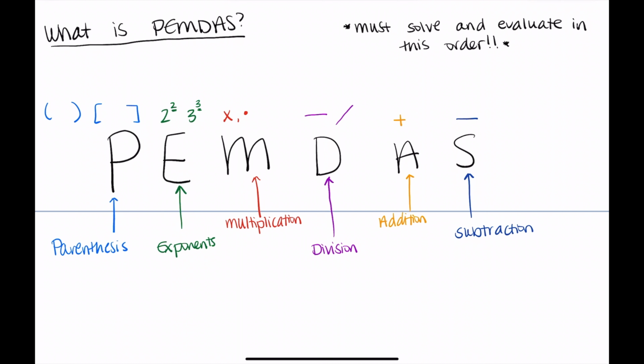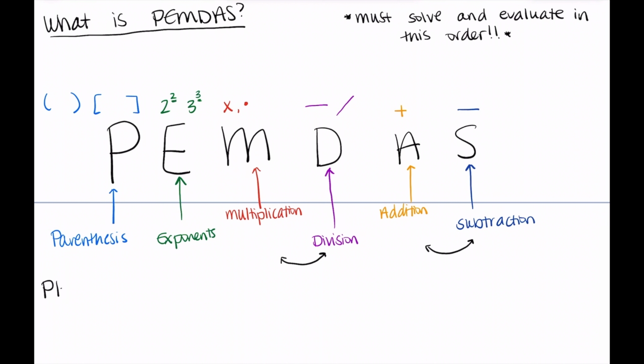The only thing that's different is if you have multiplication and division, you would move left to right. So the order of multiplication and division doesn't matter if it's just down to those two, as well as the order of addition and subtraction doesn't matter if it's down to just those two. So for those specific ones, we would just move from left to right.